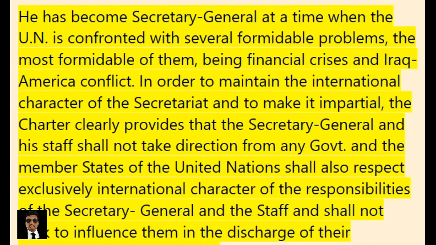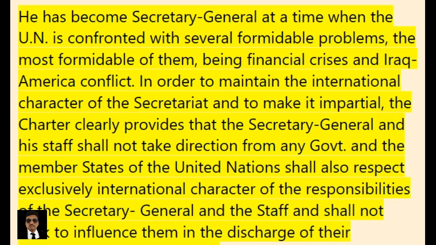In order to maintain the international character of the Secretariat and to make it impartial, the Charter clearly provides that the Secretary General and his staff shall not take direction from any government, and the member states of the United Nations shall also respect the exclusively international character of the responsibilities of the Secretary General and the staff, and shall not seek to influence them in the discharge of their responsibilities.